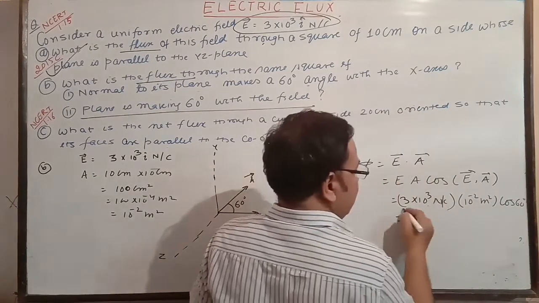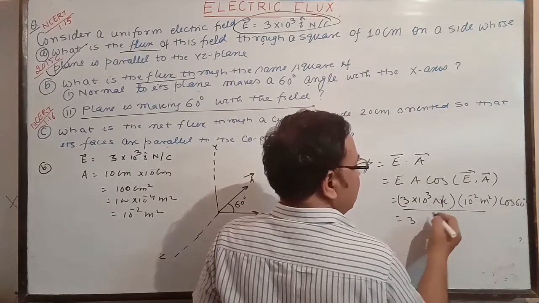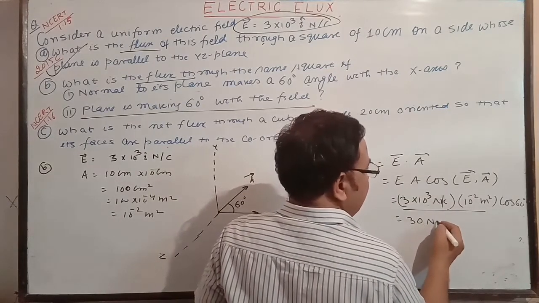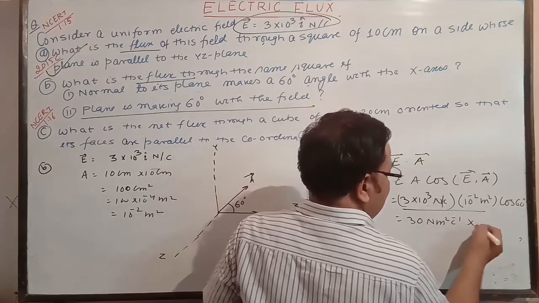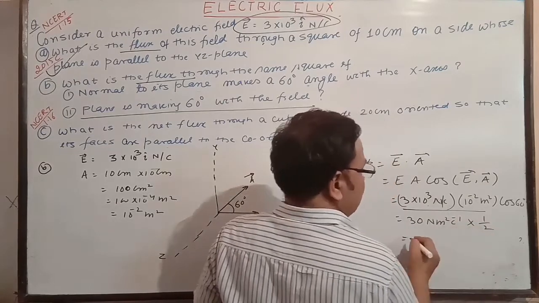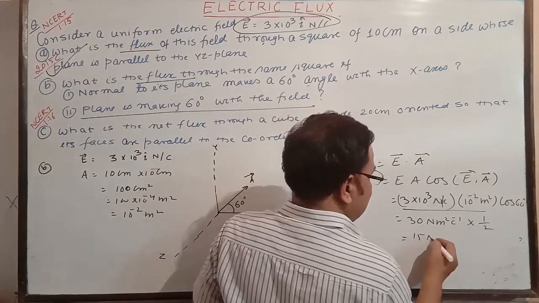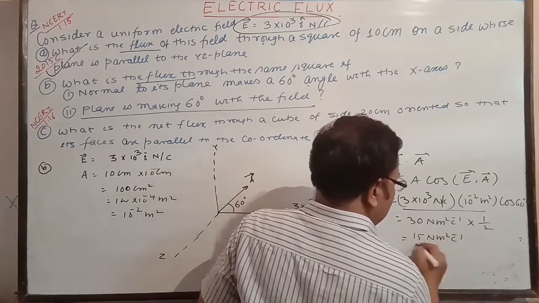So this gives you 30 Newton meter square per coulomb. Cos 60 is half, so that is equal to 15 Newton meter square per coulomb.